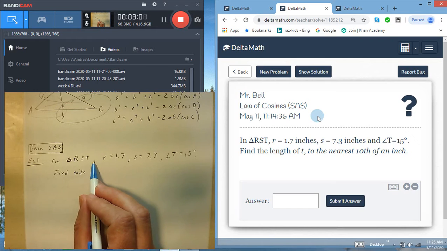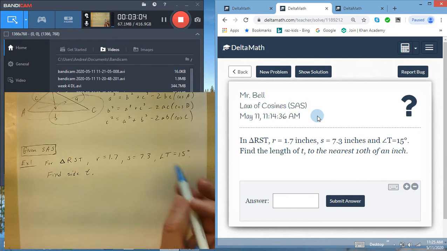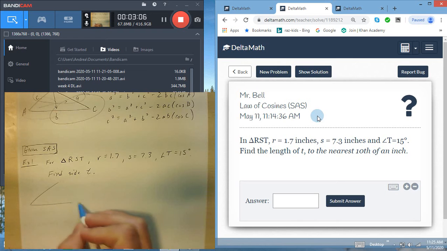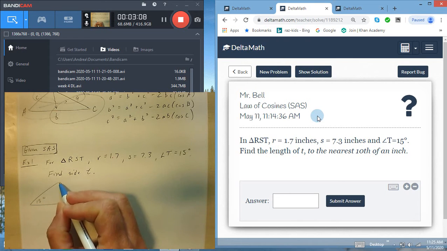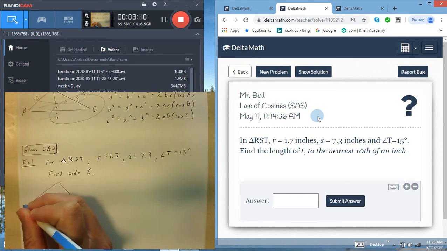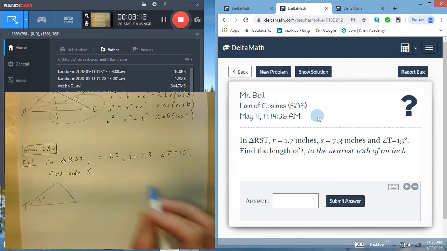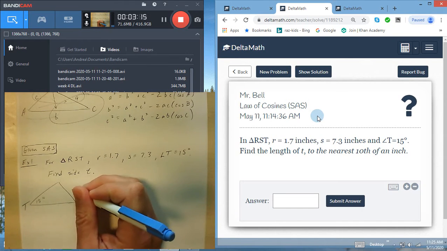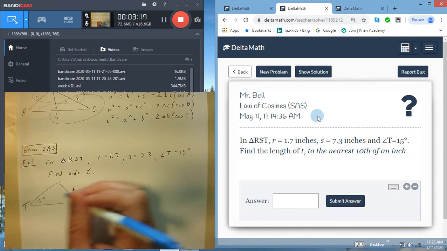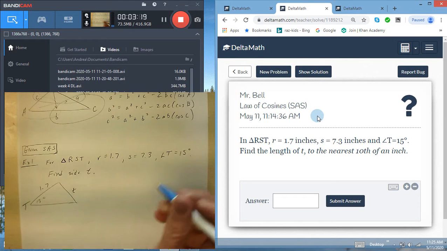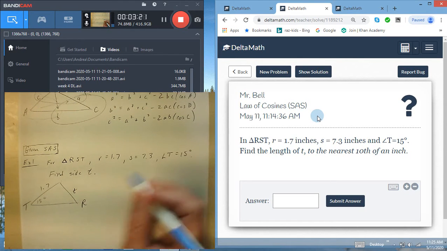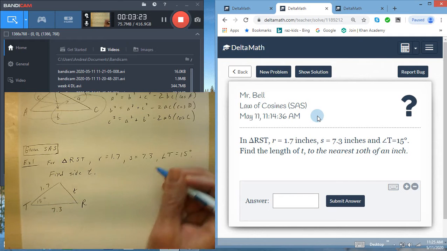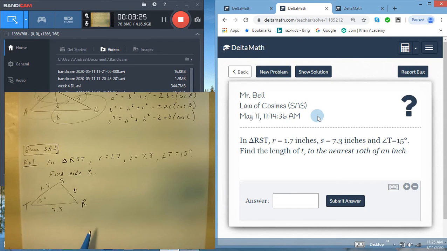So RST, we're given angle T of 15 degrees. Opposite angle T is side t. Then 1.7 for r, so I'll put angle R here, and 7.3 for s, so angle S right there.